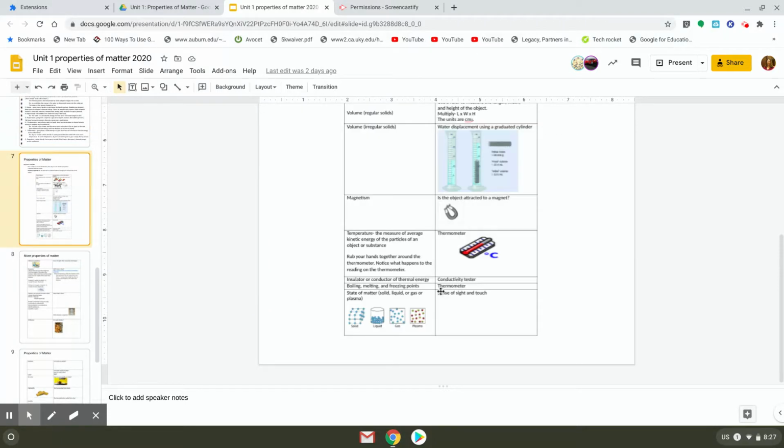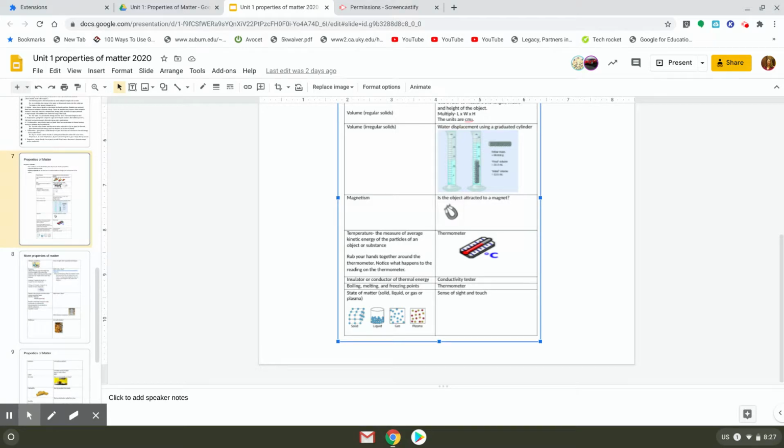These next few pages are all of those physical properties. Okay. And they give examples of those physical properties. So when you're looking at whether something is a physical property or a chemical property, these are the pages you will reference.